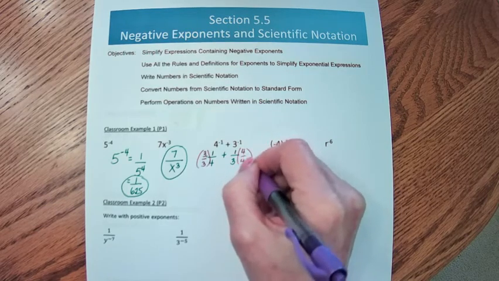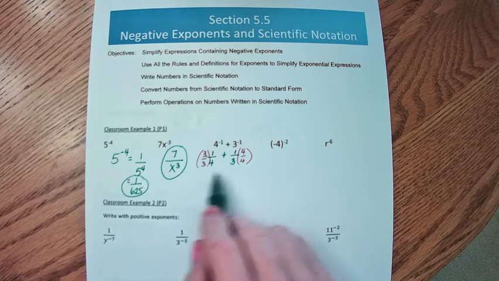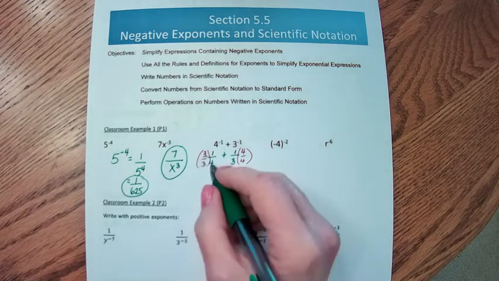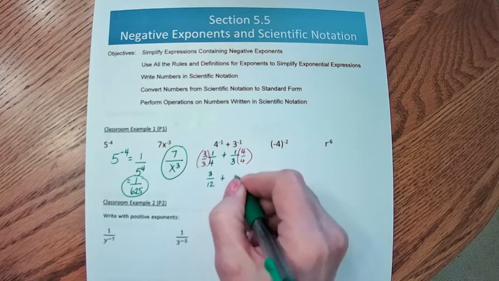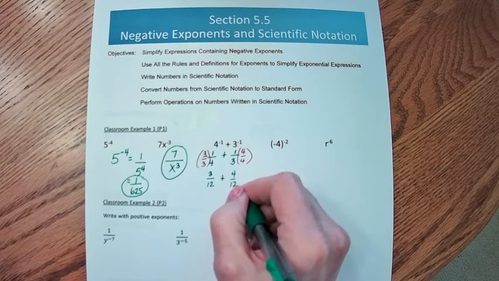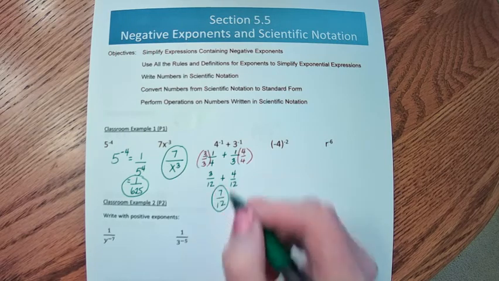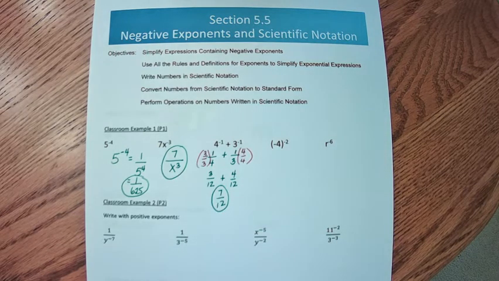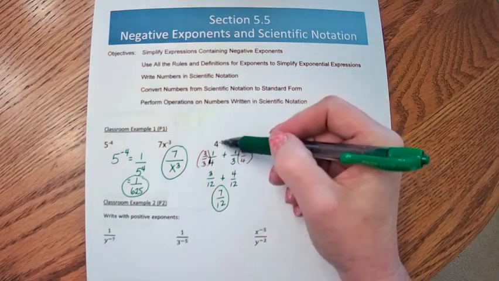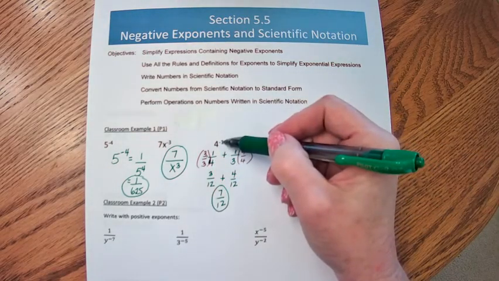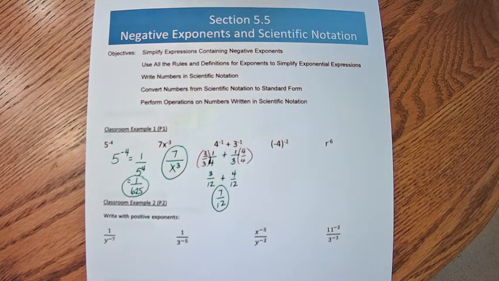So I would have had to multiply to give them both the same denominator. I'd give them both the denominator of 12. So this would become 3/12 plus 4/12. So my answer would be 7/12. But really what we were practicing is writing numbers, rather than having a negative exponent, with a positive exponent.